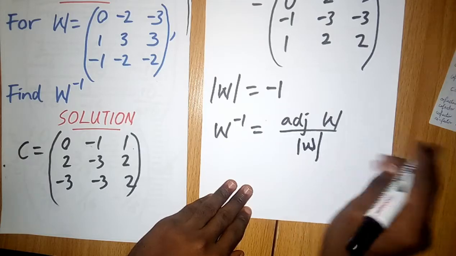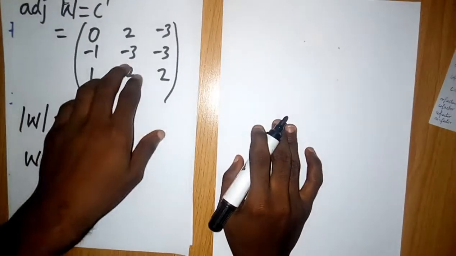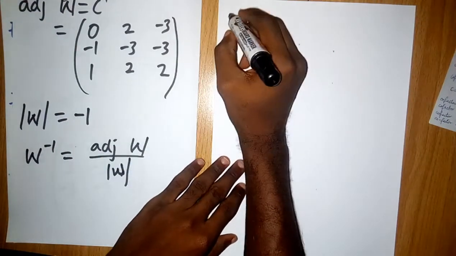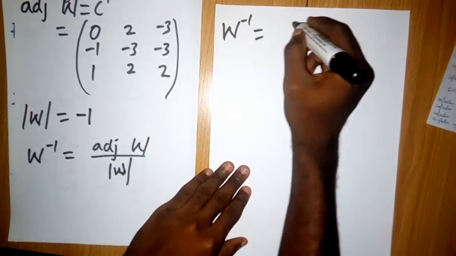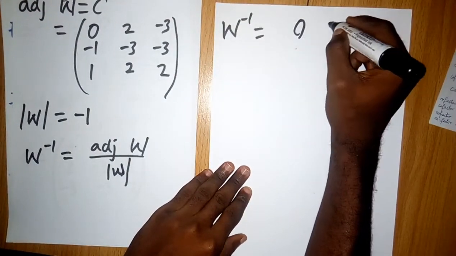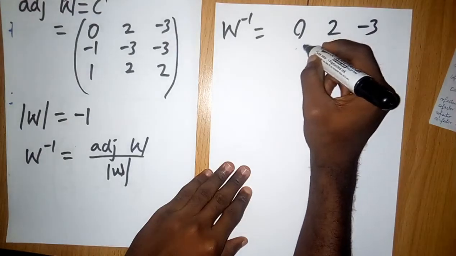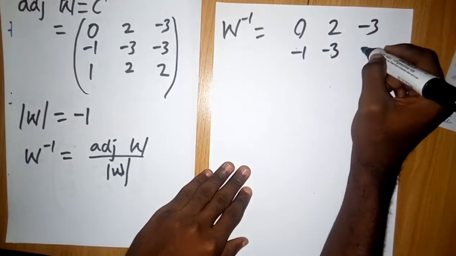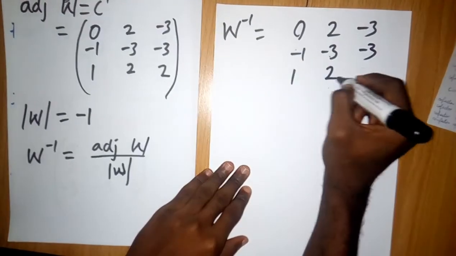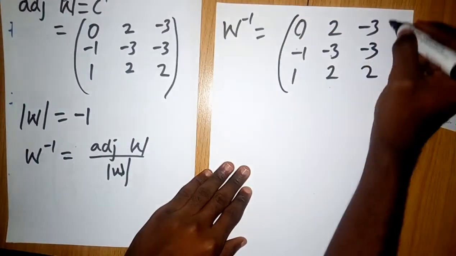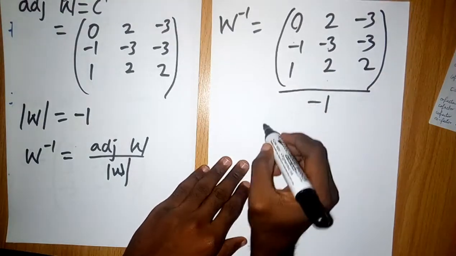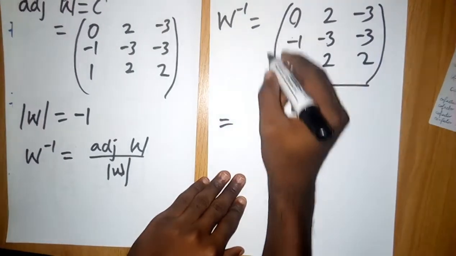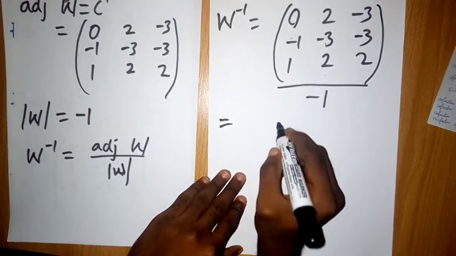So this is the adjoint divided by minus 1. W inverse is equal to 0, 2, minus 3, minus 1, minus 3, minus 3, 1, 2, 2 times 1 all over minus 1.